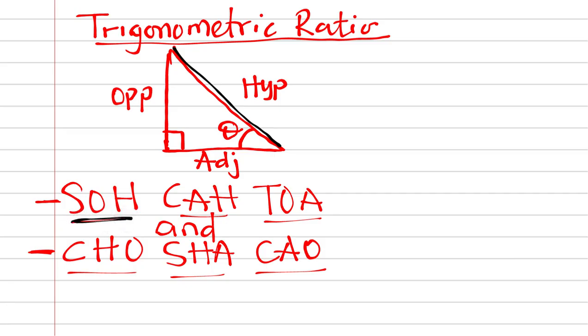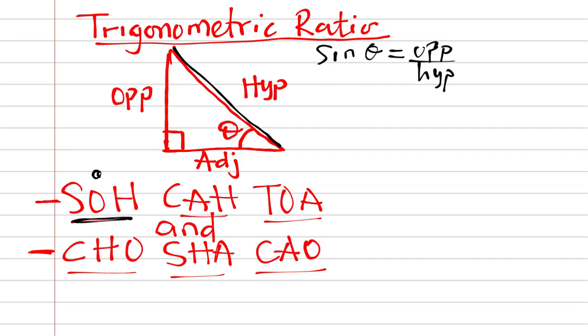So if this is our angle, sine theta is equal to O, which means opposite, over hypotenuse. Opposite over hypotenuse, that is what it means.